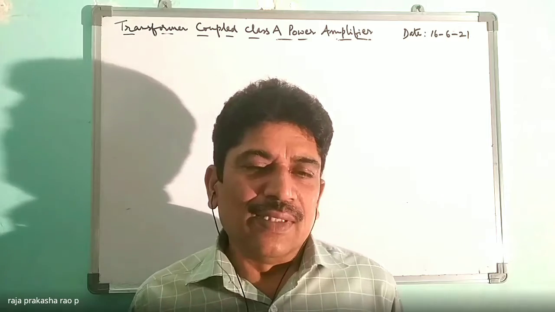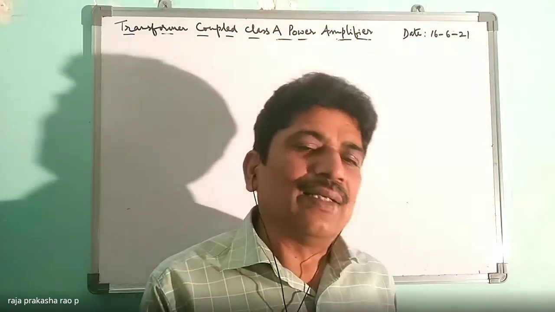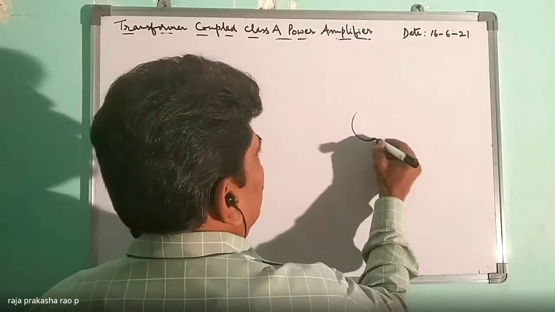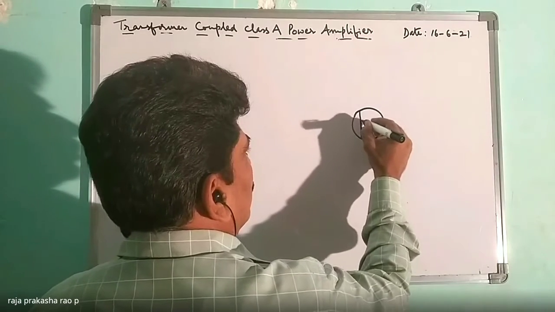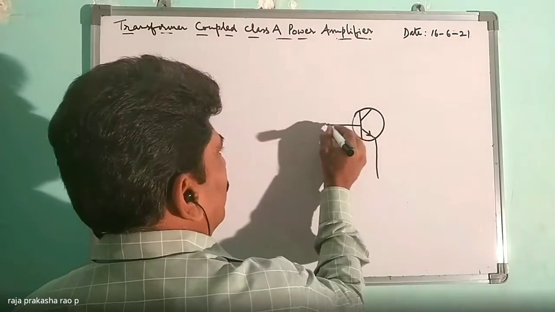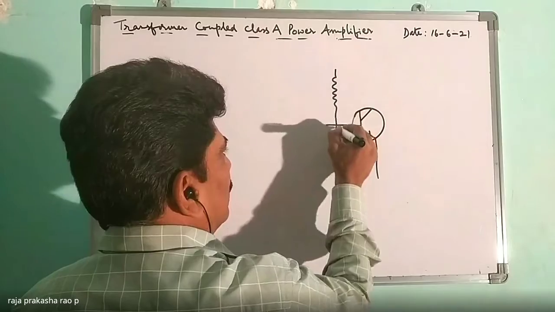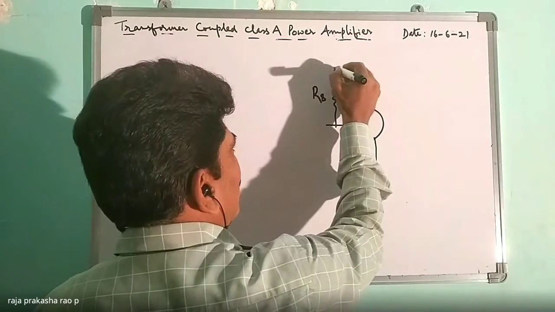In the second case, we are connecting the primary of the transformer in the collector circuit. Biasing resistance.